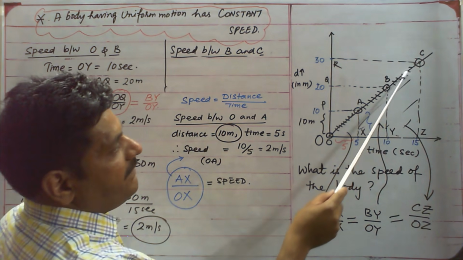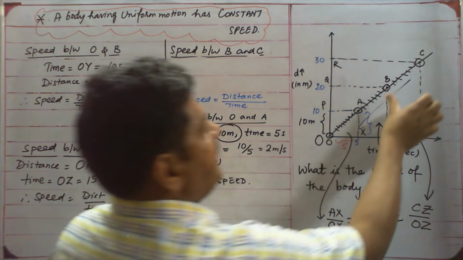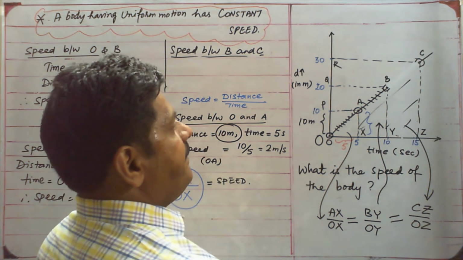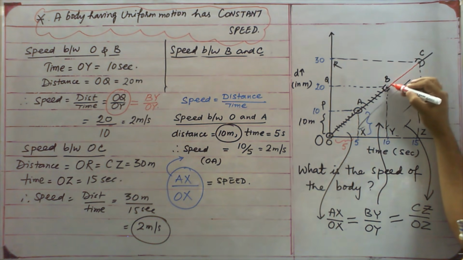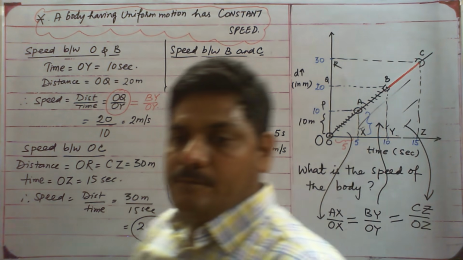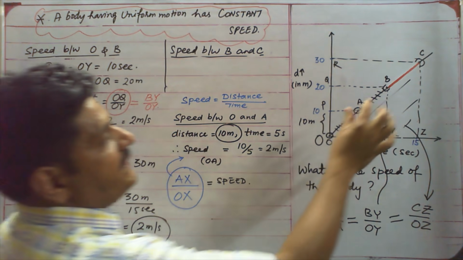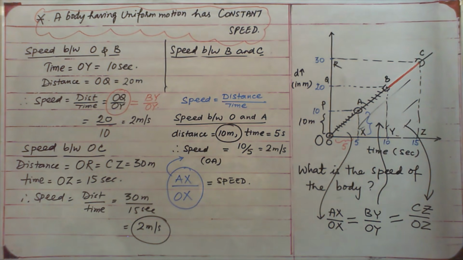This is the part where we have to calculate the speed. So let me mark it with a different color, let me make it red. This is the part I want to calculate the speed. To calculate the speed between B and C, I must know the distance, I must know the time.